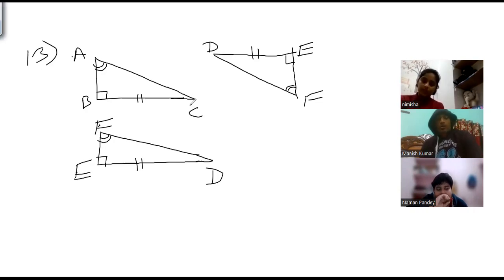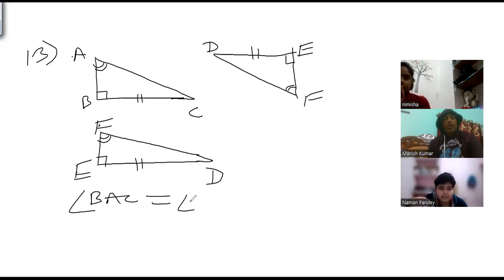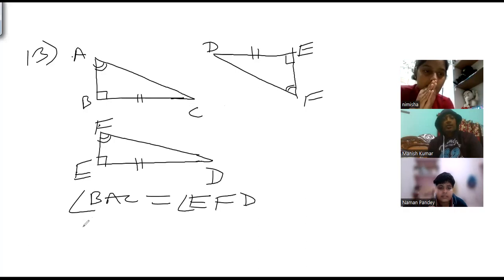Nimisha, have you understood the question? Yes, sir. Then, any idea? See, angle BAC is equal to angle EFD. Is it right? Angle ABC is equal to angle DEF.